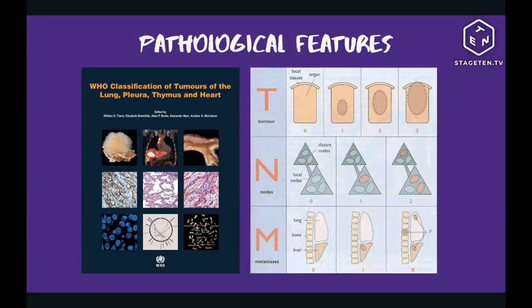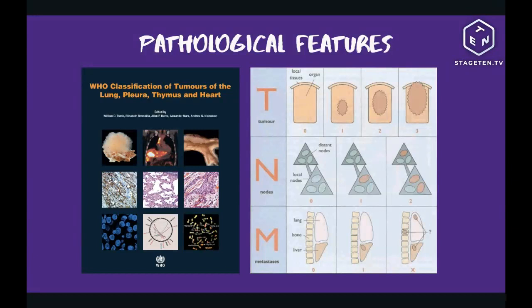N stands for nodes. N0 means that there are no metastases in the lymphatic nodes. N1 stands for metastasis to the local nodes, and N2 usually stands for distant metastasis in the distant lymph nodes.